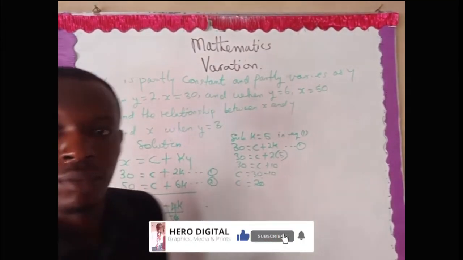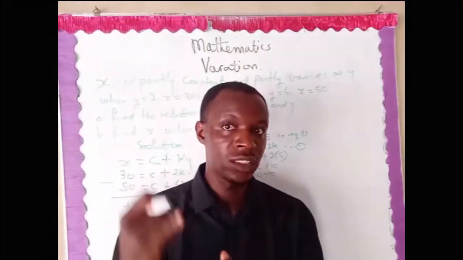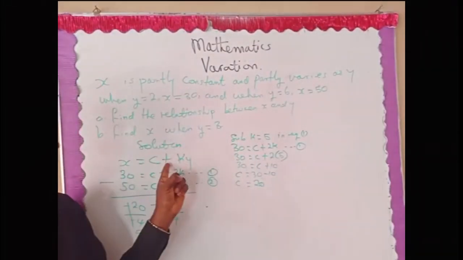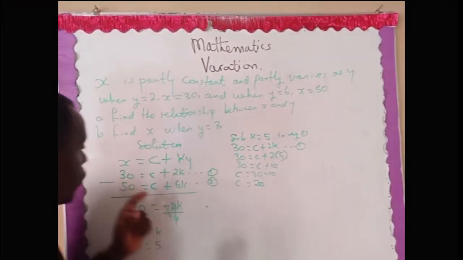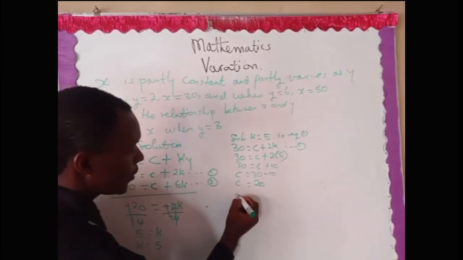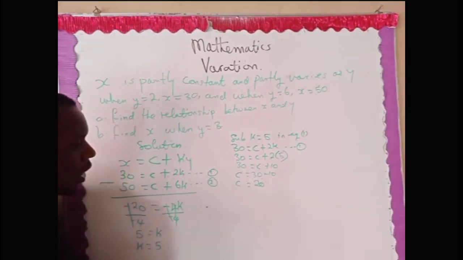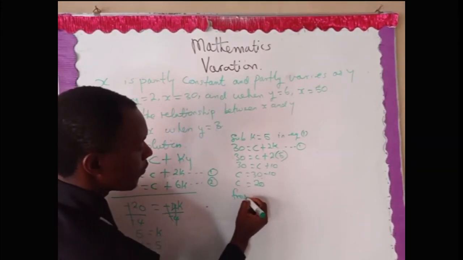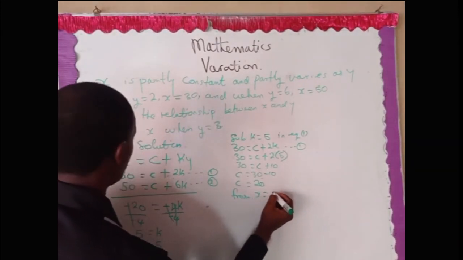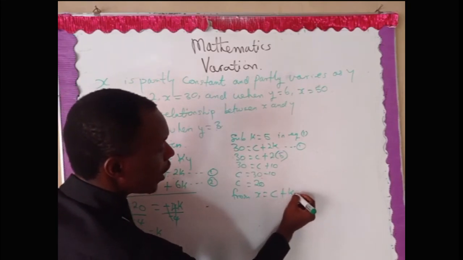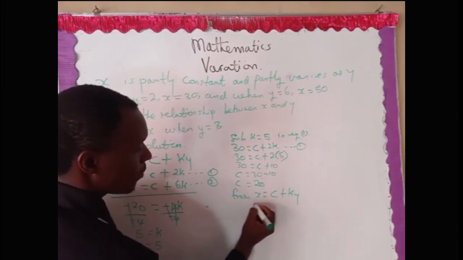Now that I've gotten the values of K and C, I will substitute them into the formula. Before then, I will say from S equals C plus KY, my S remains intact.